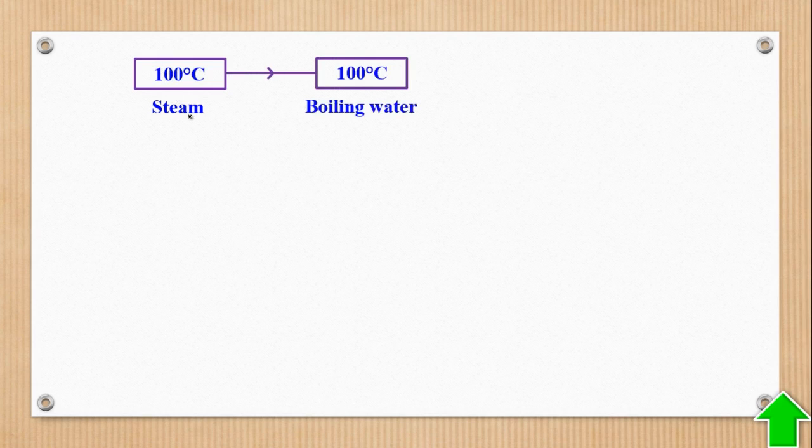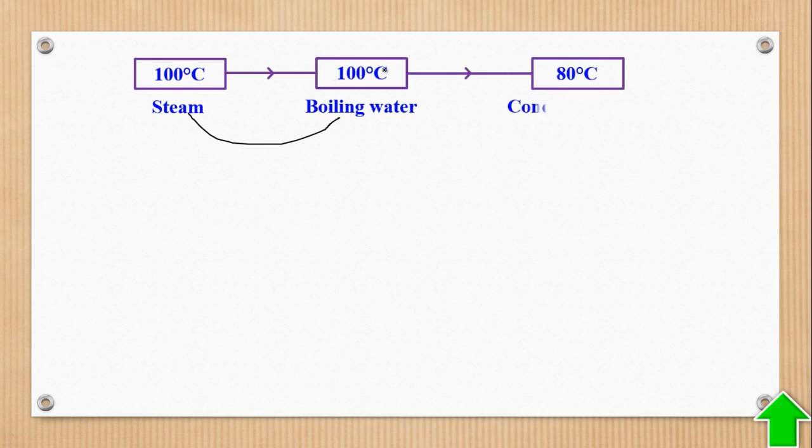Then it changes from steam, which is vapor, to liquid state. So this is now boiling water, but the temperature has not changed because there is a change of state. Then it reduces further to 80 degrees Celsius, which was given in the question.